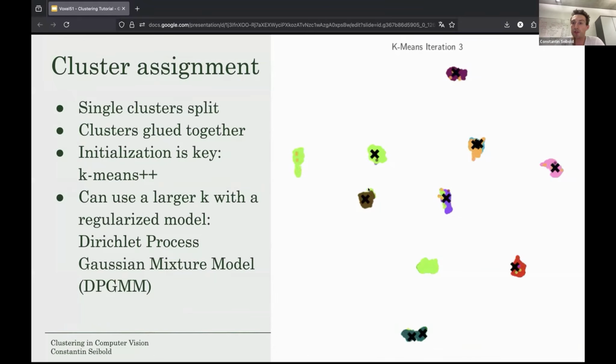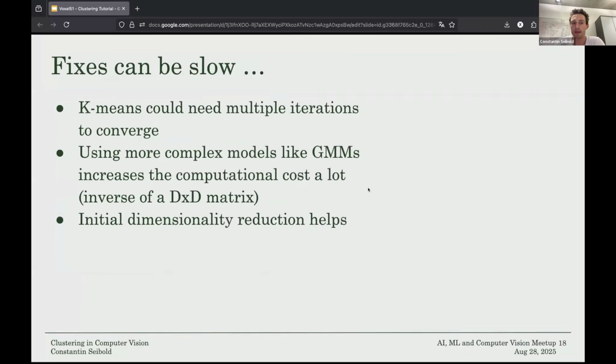But a different approach, which you might not have heard about, is that you can also start with a larger K and then perform something called a Dirichlet process Gaussian mixture model to iteratively remove Ks if they do not fit certain criteria, to come to the proper amount of classes or clusters.